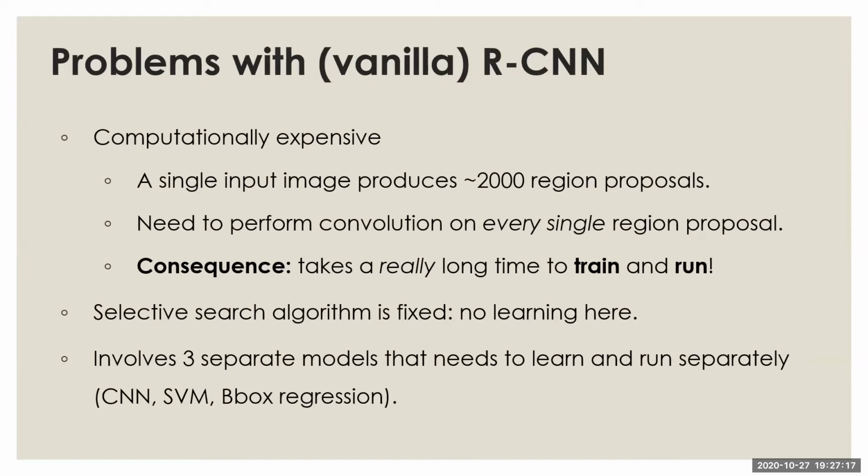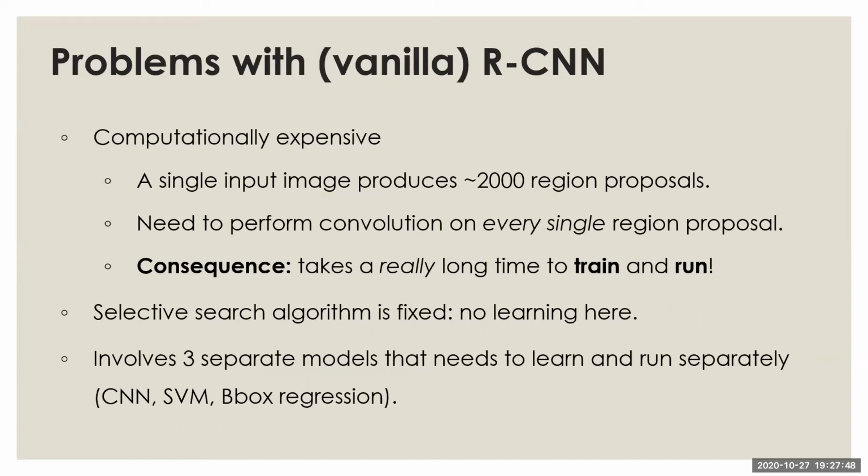And as a consequence, it takes a really long time to train and run. It can take tens of hours to train this. Due to this, we're actually not going to train our model later on. And we're actually going to use a modified version of RCNN. We'll get into that later. So RCNN is very slow and everybody knows about it. So forget about putting RCNN into a driverless car because it's not going to work, right?